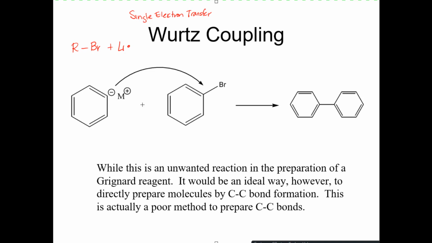And single electron transfers, which are called SETs, are somewhere in between the movement of a full pair of electrons, where we show a full arrow, as in our SN1 or SN2 reactions, and moving one electron with our fishhook arrow from free radical reactions. SET is kind of in between.